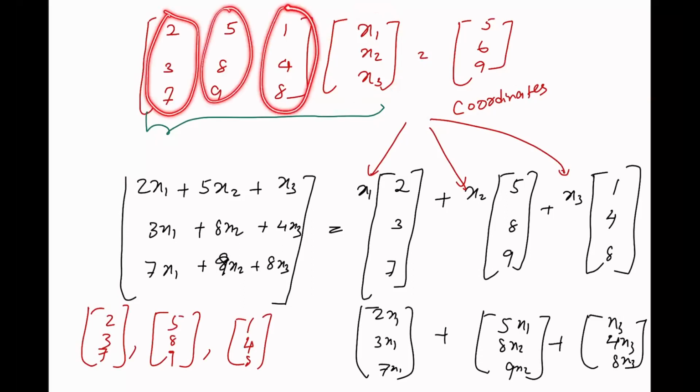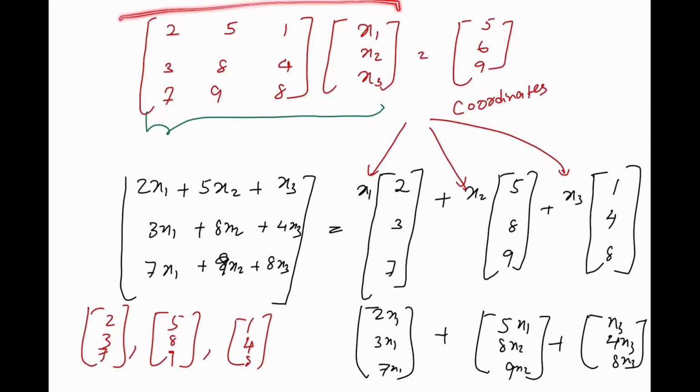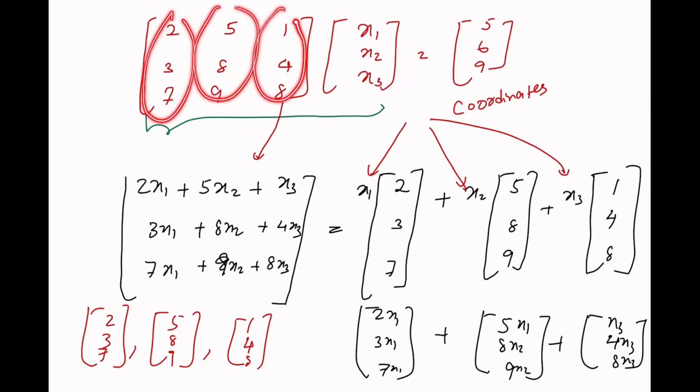Something like this is nothing but the result of this matrix product, meaning all possible vectors that you can get. This kind of product is nothing but the column space, the vector space spanned by these three column vectors, which we call the column space.